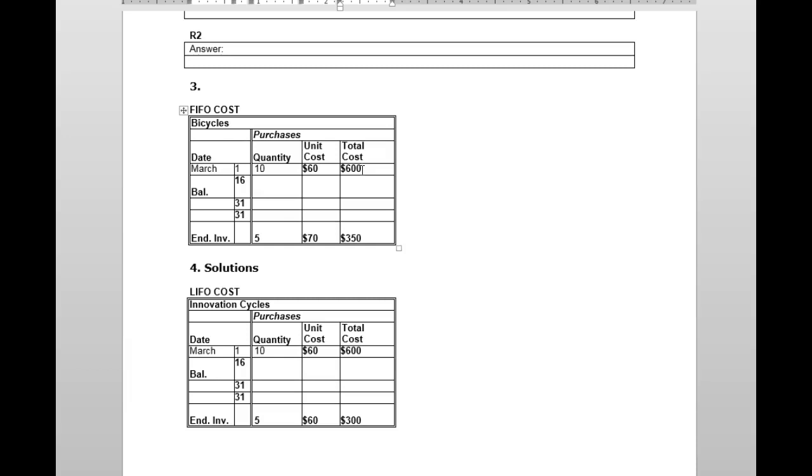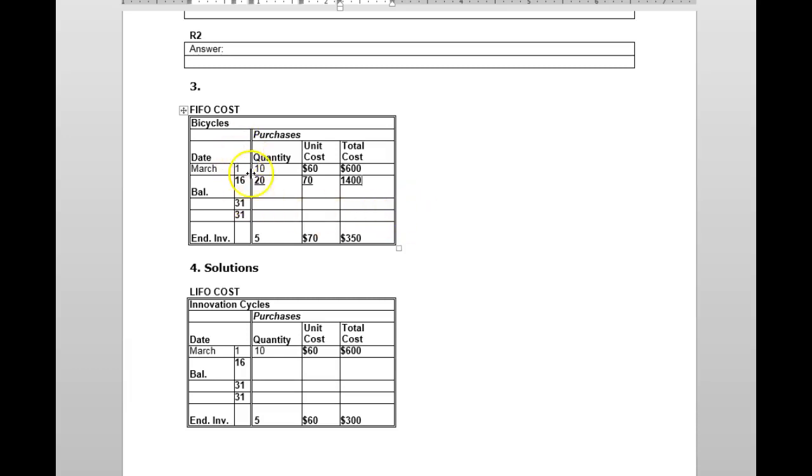Then they bought 20 cycles on the 16th, and each of those cost $70. So that's relatively easy. You multiply 20 times 70, and now we've added $1,400 to the inventory.